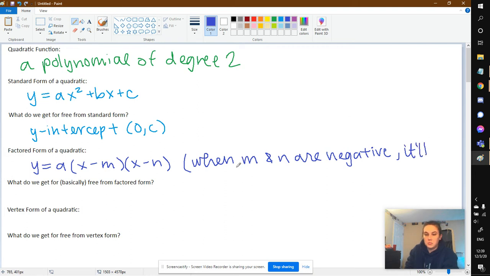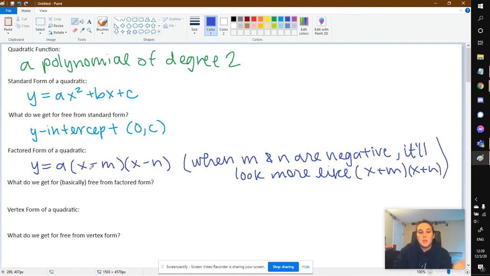It'll look more like (x plus m) and (x plus n). But it's x plus or minus a number with a number up front. But that's why sometimes it has a plus and sometimes it has a minus. Just depends on whether m and n are negative or positive.